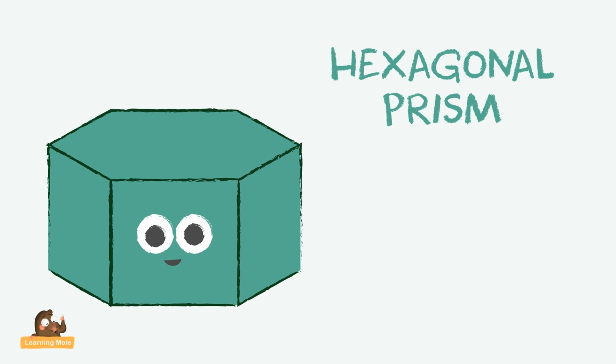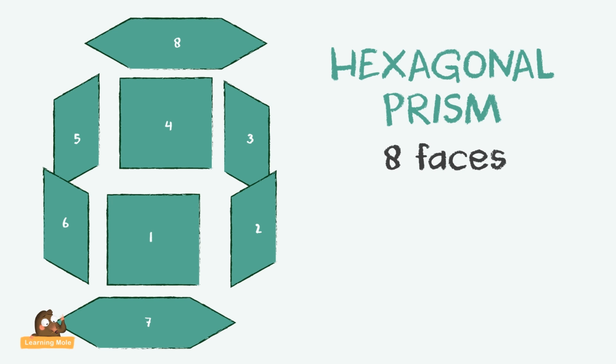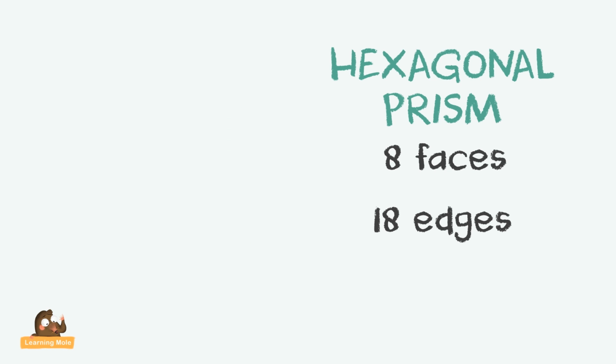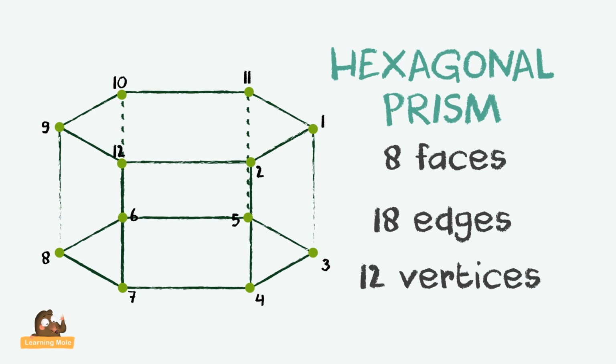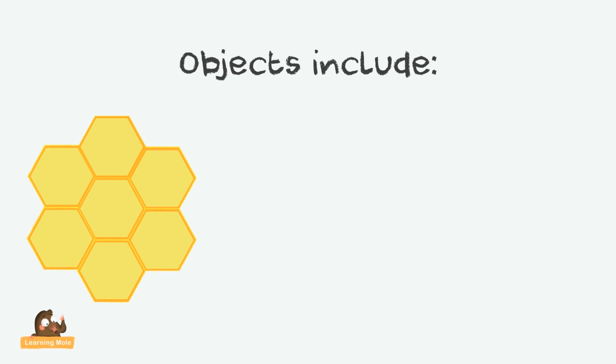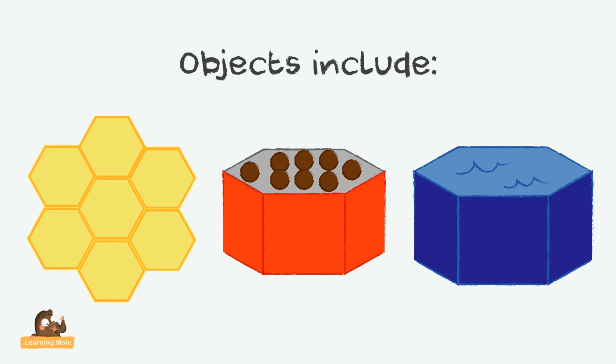Hexagonal prism. A hexagonal prism has 8 faces, 18 edges, and 12 vertices. Objects include honeycomb, sweet tube, a swimming pool.